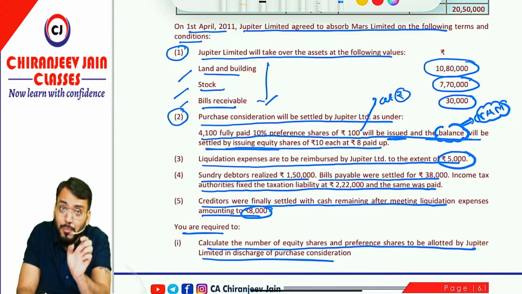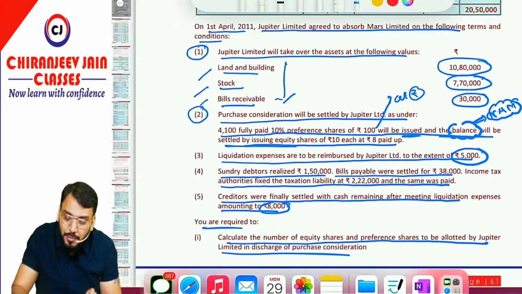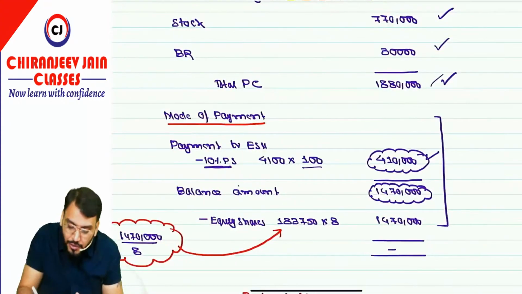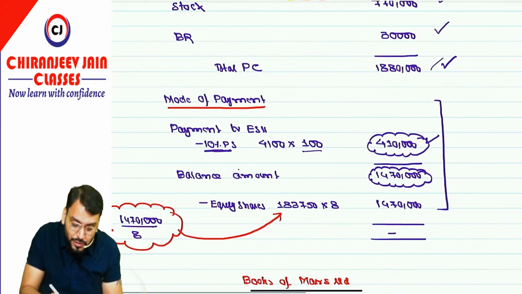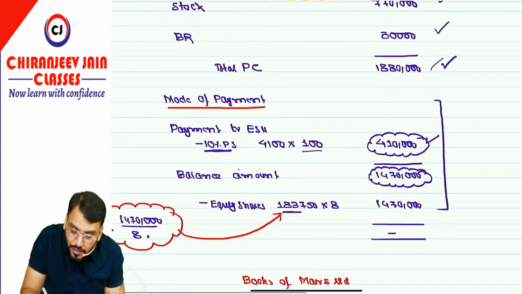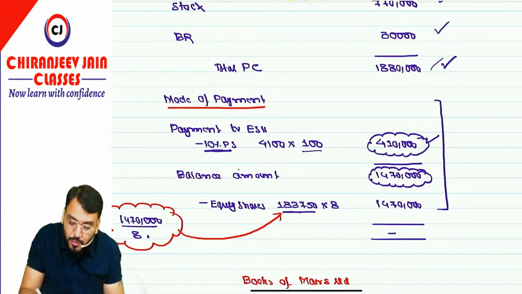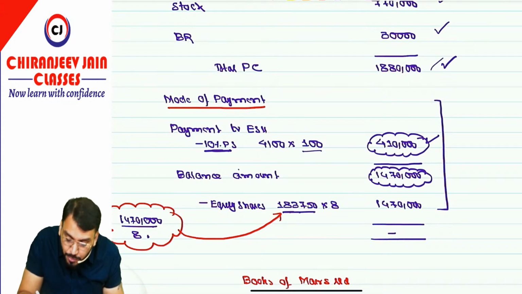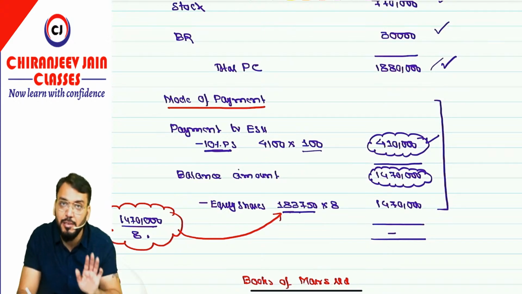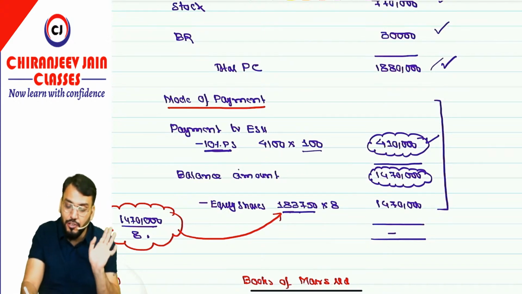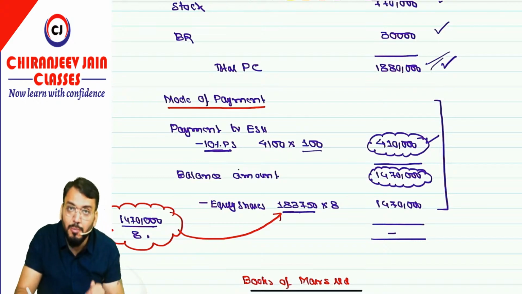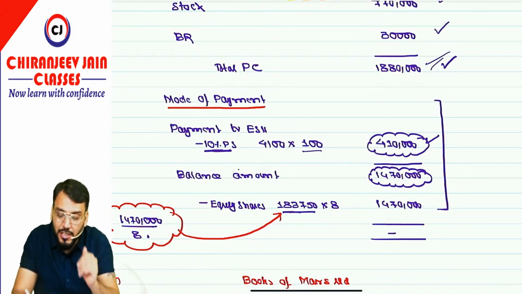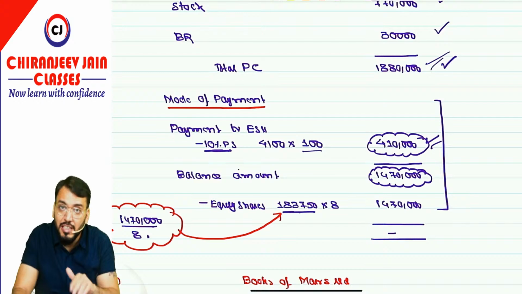So for the number of equity shares, you divide by 8. 4,70,000 divided by 8 means 1,83,750 equity shares will be issued at rupees 8. That becomes 14,70,000. Understood? So 18,80,000 will be discharged: preference shares of rupees 4,10,000 and equity shares of rupees 14,70,000.